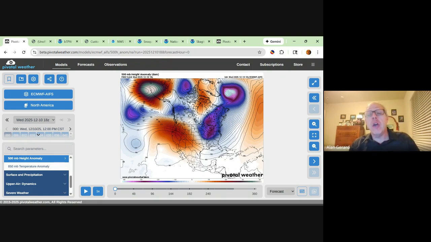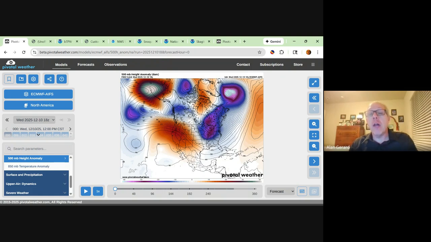What we see here, the contours are heights, which are equivalent to pressure on a surface weather map, and the wind basically moves with those heights. And the image, the background, is the anomaly. In other words, how much the heights are differing from normal.